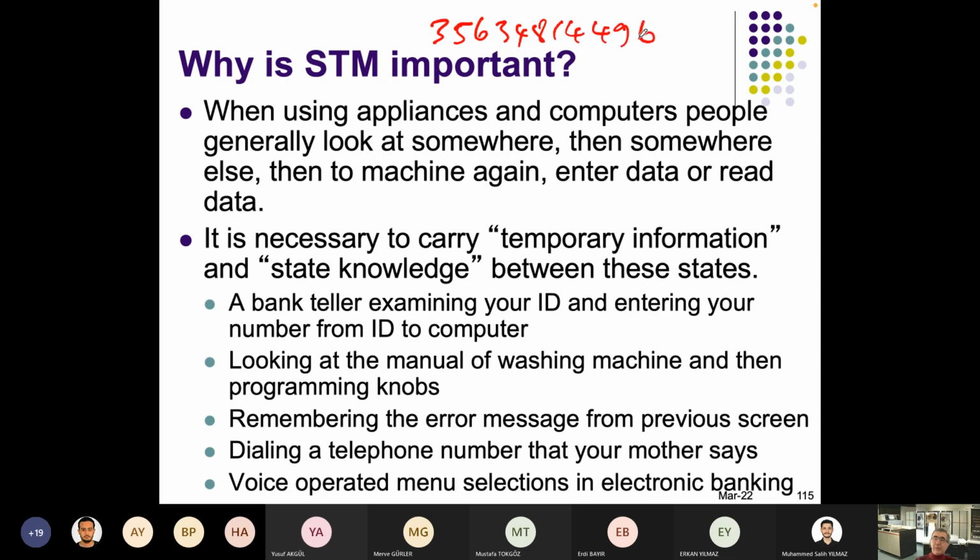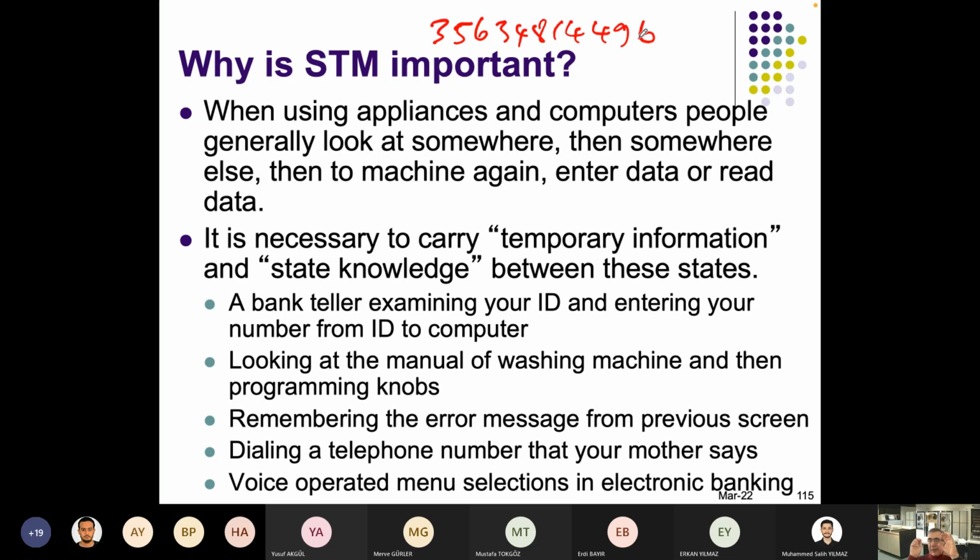This is your ID number, for example, or IBAN number. You are telling that because you have memorized it from the long-term memory, but as he or she hears it, he has to hold it and type it into the computer.